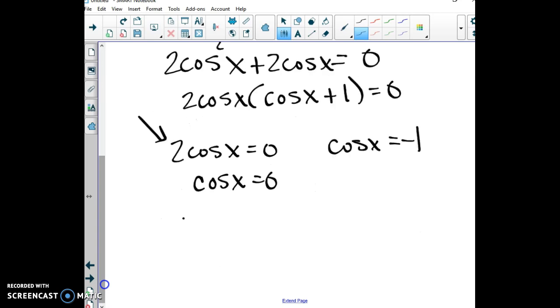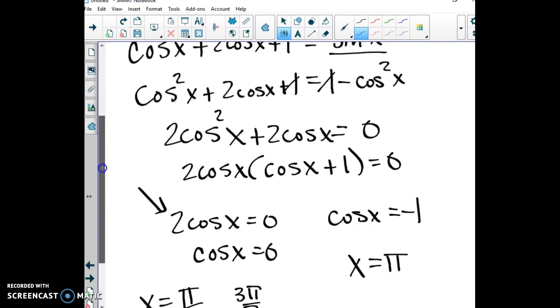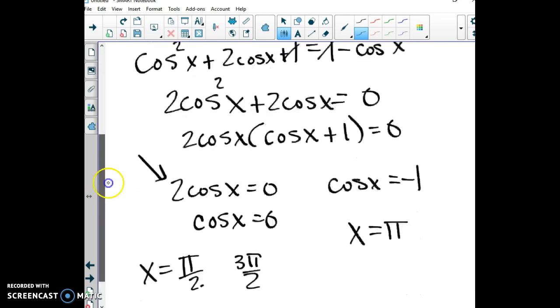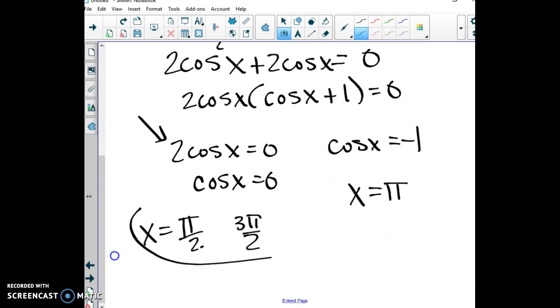We know that happens at pi halves and 3 pi halves. And cosine x equal to negative 1, we know that happens at pi. Because we're talking about the interval 0 to 2 pi, we are done with these 3 answers and don't have to include all the others.